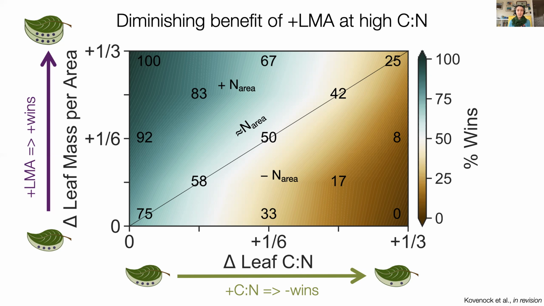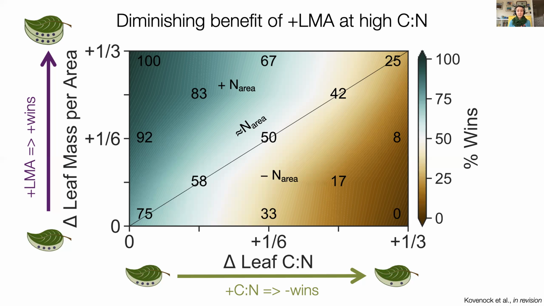And the last point being that if you look all the way at the high values on the x-axis, you can see that there's a diminishing benefit of this increase in leaf mass per area when you get to very high carbon to nitrogen ratios. So at the very highest carbon to nitrogen ratios, the increase in leaf mass per area is less effective than it is in the more moderate changes in carbon to nitrogen ratio.